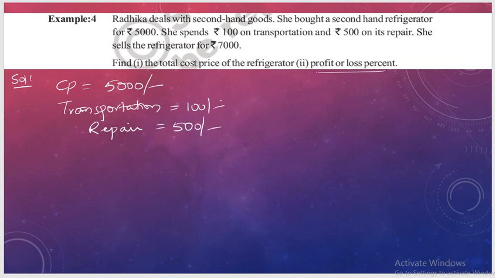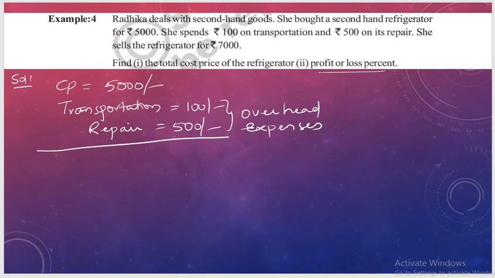These all are nothing but, as we have already discussed, called overhead expenses. So these all come under cost price only. From this I can say total cost price is equal to 5000 plus this 600. So total cost price is nothing but 5600.